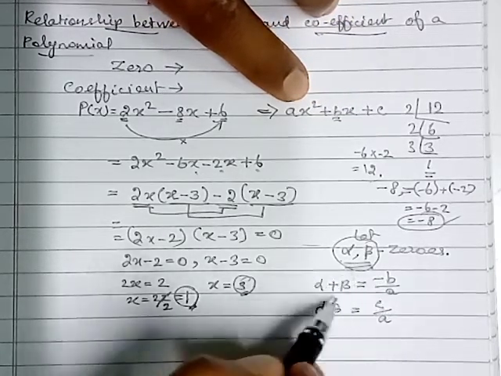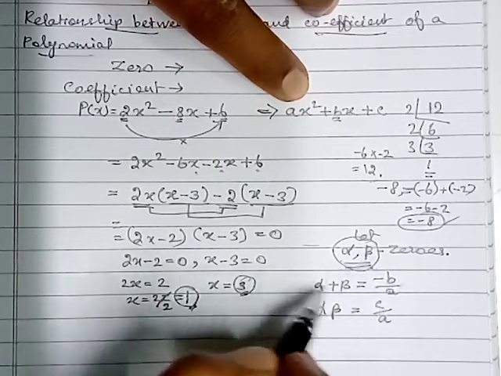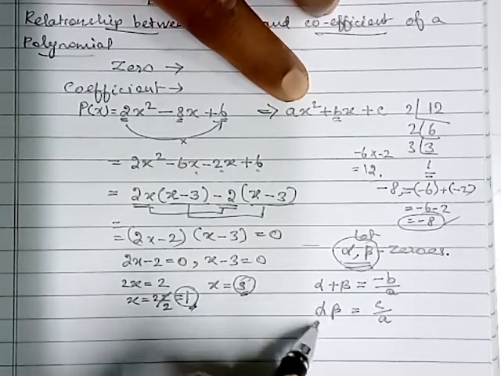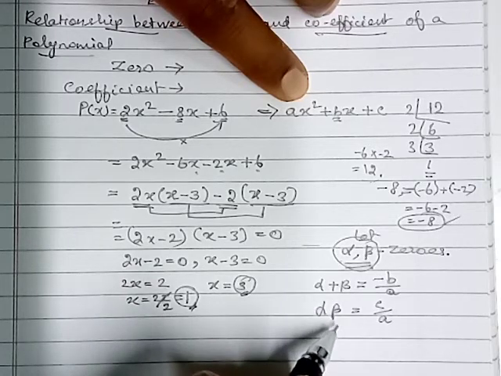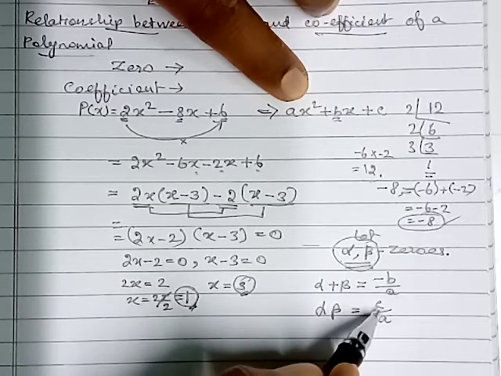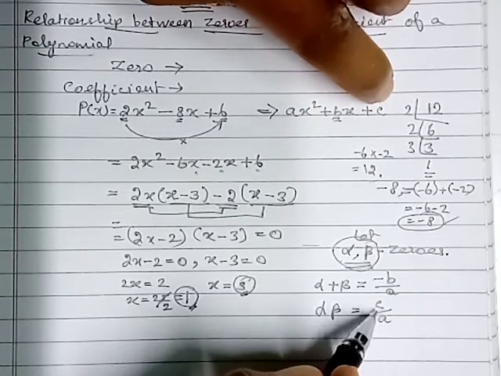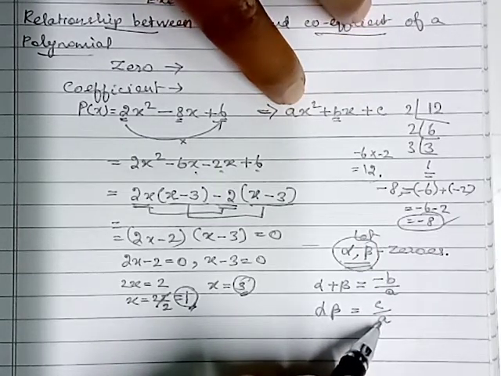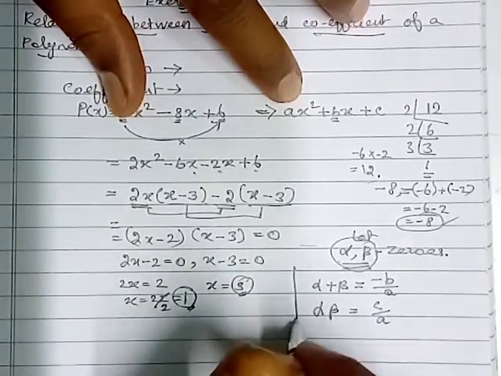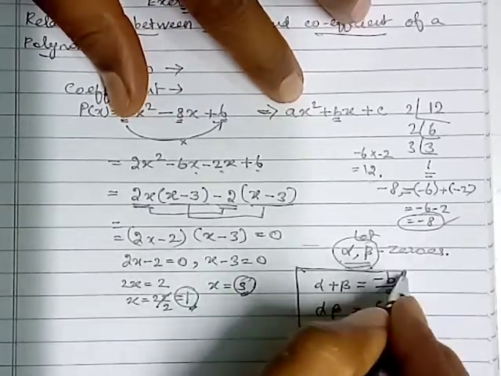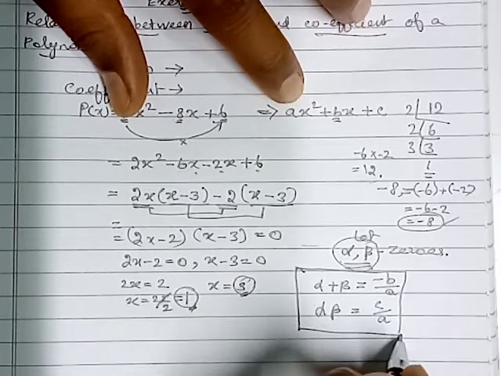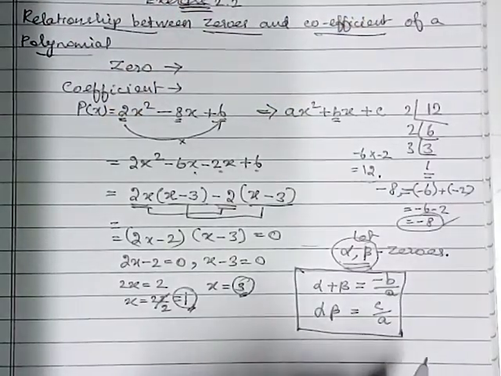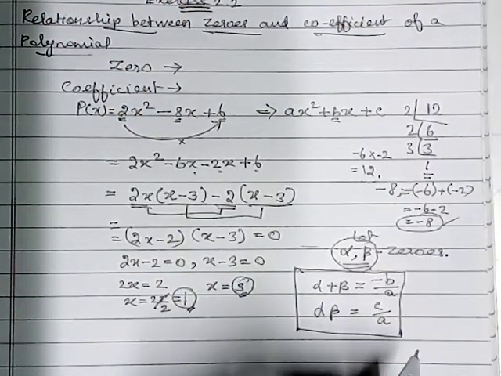This will equal the sum of the zeros. This is the relationship, and if you multiply the two zeros alpha and beta, that will be equal to the constant term divided by the coefficient of x squared. This is actually the relationship between zeros and coefficients of a polynomial.